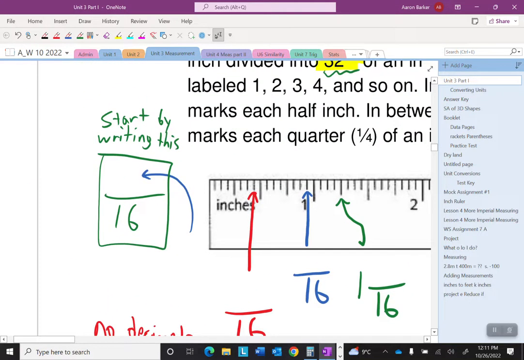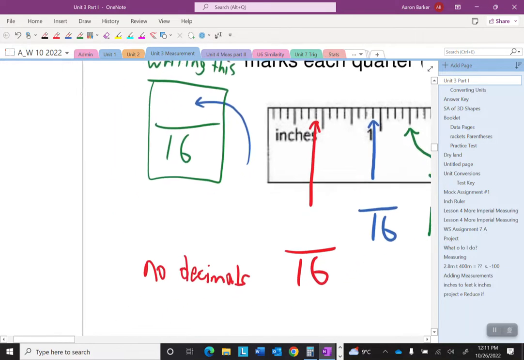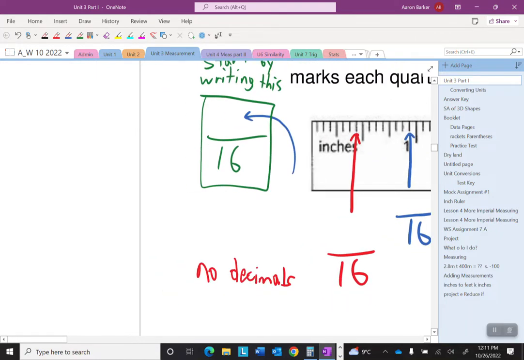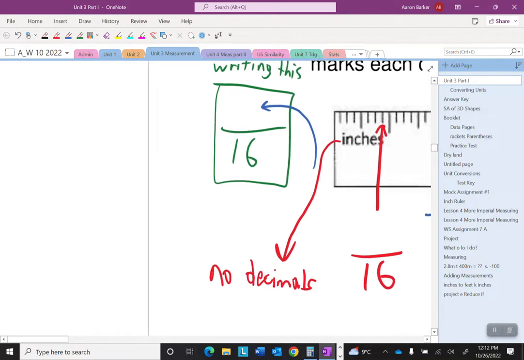Okay, so every single question, you're going to start by writing down a fraction out of 16. So let's work on the red. The first thing, when you see inches, you should see that there's no decimals. Write that down. No decimals. Make a line or a fraction out of 16. So write down something blank out of 16. Everyone should have this red writing down, a fraction out of 16.